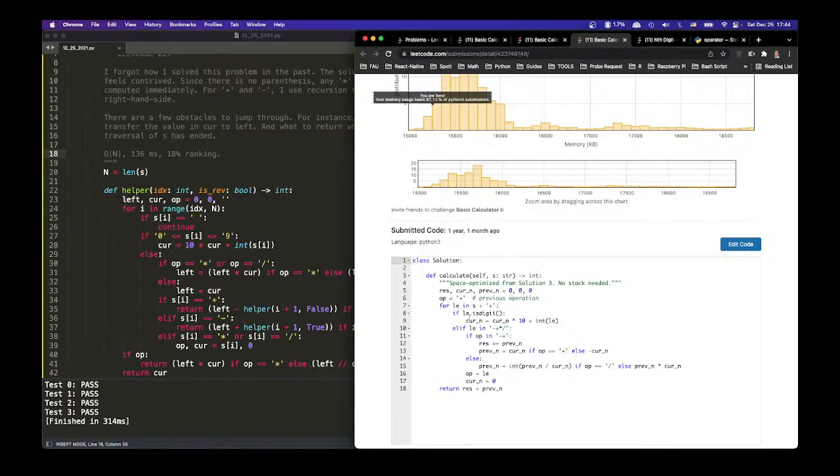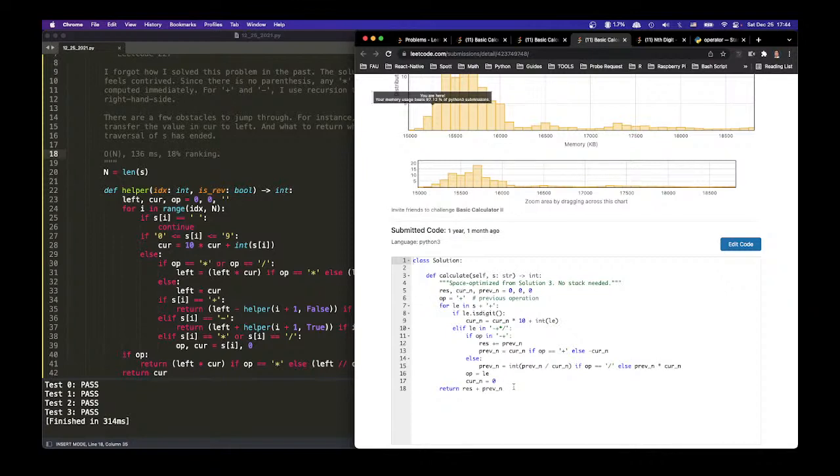If it's a digit, current N. That's a better one. If it's in this, result plus equal to the previous N. Previous N equals current N if this. Else, which means it's this, previous N equal to this, if this, else this.